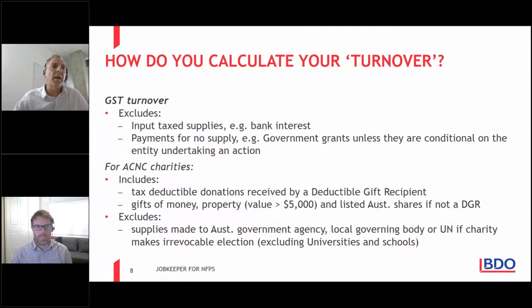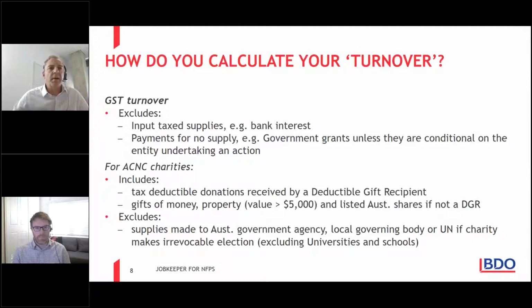Now, when we get into the AC/NC charities, they also include tax-deductible donations if you're a deductible gift recipient. If you're not a DGR, you have to include gifts of money, property with a value over $5,000 and any listed company shares, listed Australian shares.